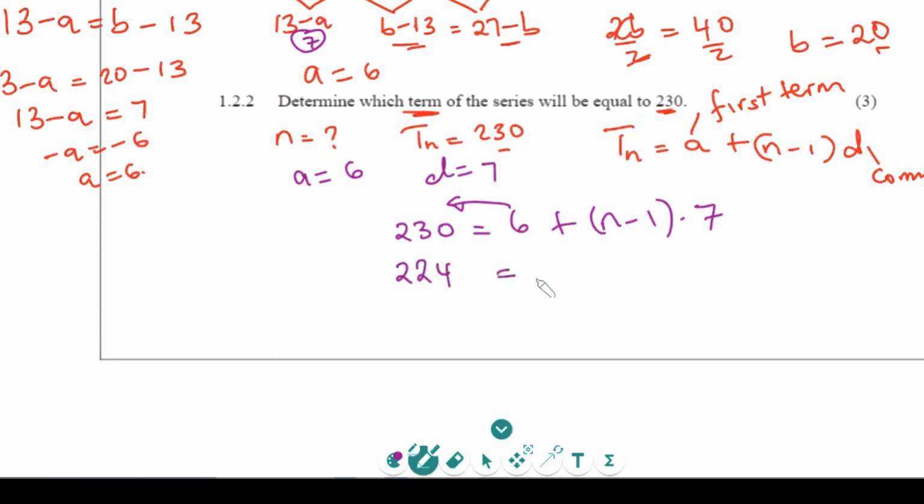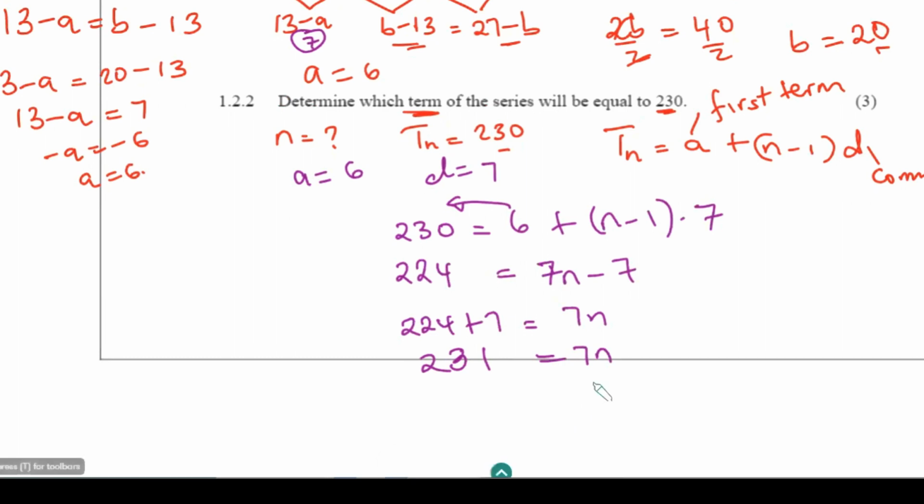Then 224 is equal to, I can choose to multiply this in, or I can divide both sides by 7. Let me just open that. Then I'll move that to be 224 plus 7 is equal to 7n. Then 224 plus 7 will give me 231, which is equal to 7n.